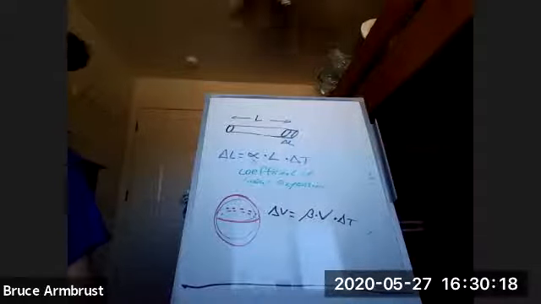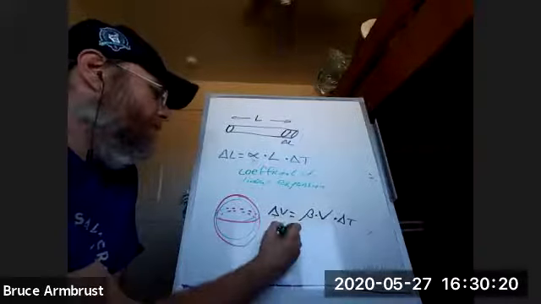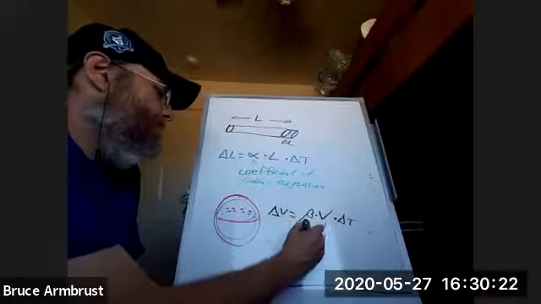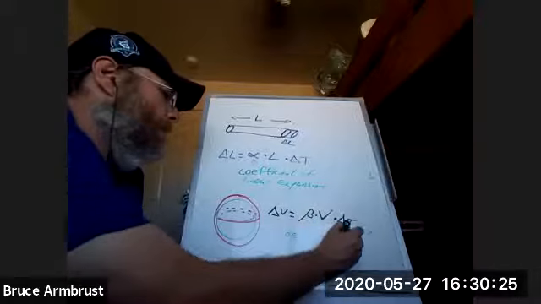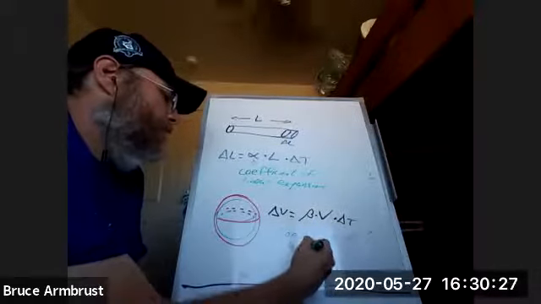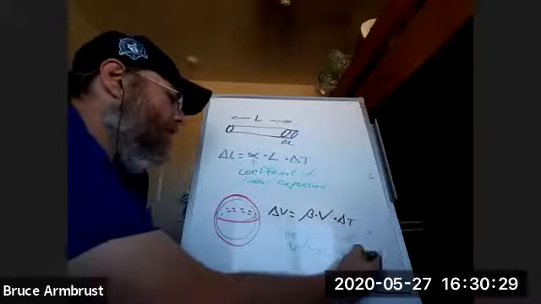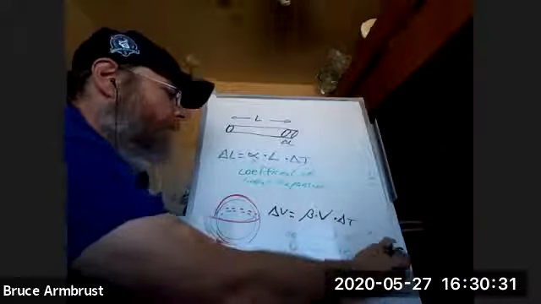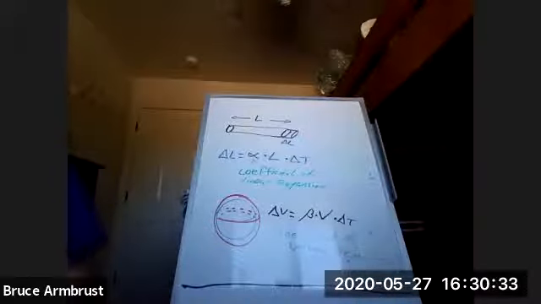And beta is the coefficient of volume expansion, which again is going to depend on the material. But they're going to have different values. Your alpha and your beta are going to be different, even if it's the same material.